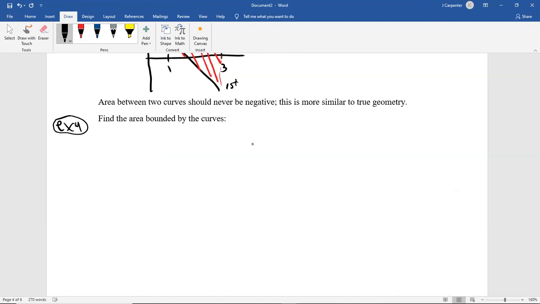So f of x is equal to 3x squared minus 12, and g of x equals 12 minus 3x squared. That is the whole problem. I did not forget to write anything.